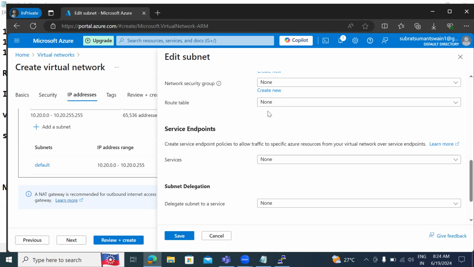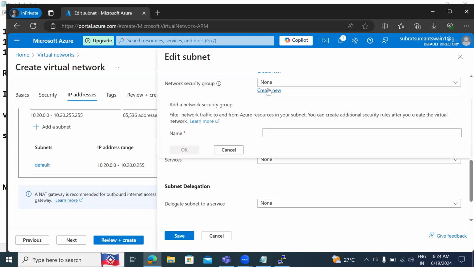There also we can configure the inbound rules and outbound rules. Inbound is the input traffic coming to that subnet. Outbound is the traffic going from the subnet to outside.